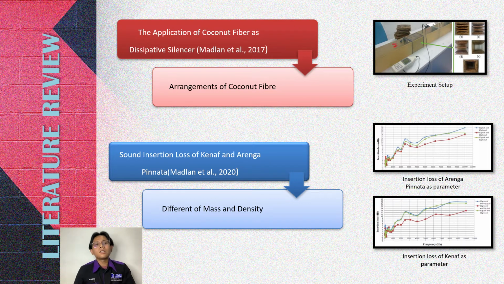Second, the sound transmission loss of Kenaf and Arenga Pinnata, by Matlan et al., 2022. In the experiment, they use natural fiber but different mass or density to get the result of the transmission loss. That also relates to my project.